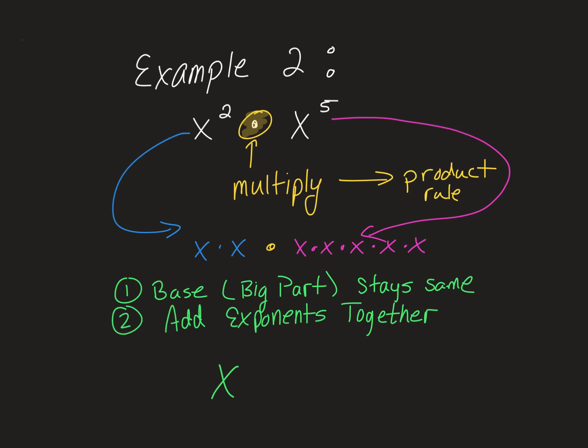And step 2, I am going to add those exponents together. So that means it's going to be 2 plus 5, which means the fully simplified version of this problem is x to the 7th power.